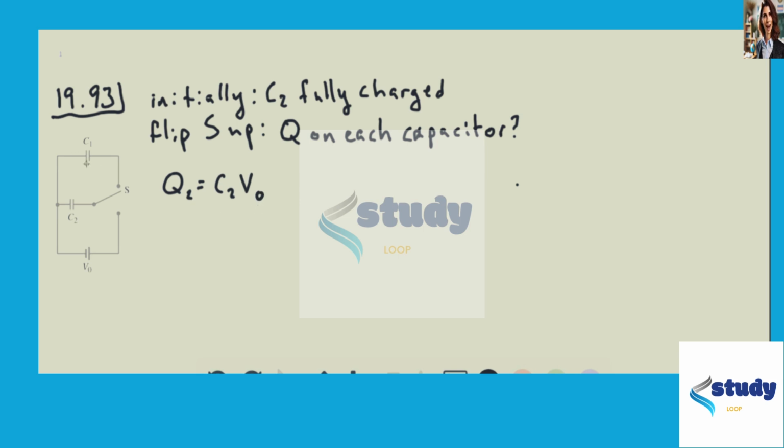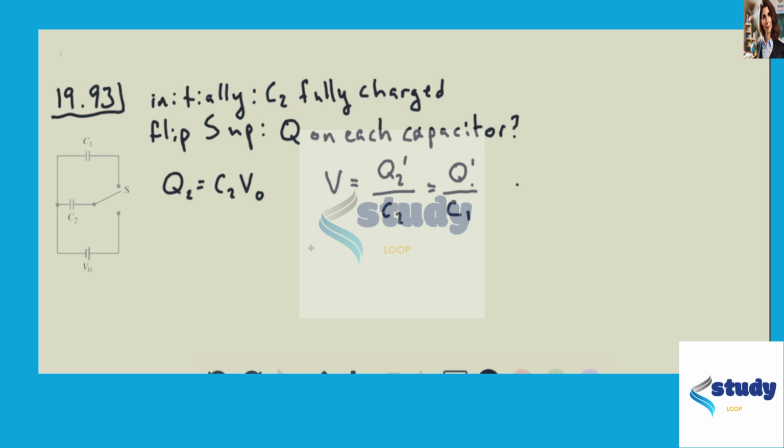And now when they're connected together, because they're in parallel, the charge is going to redistribute itself so that the voltage across either one is equal. So there'll be some voltage V, and that's going to be equal to both Q2 prime, the new charge on capacitor 2, divided by C2, and it also must be equal to Q1 prime divided by C1.